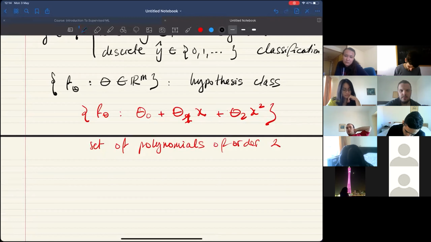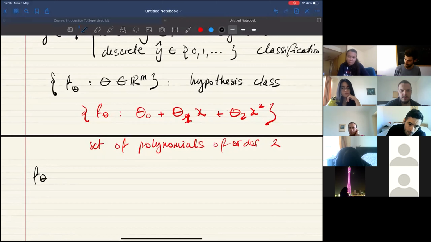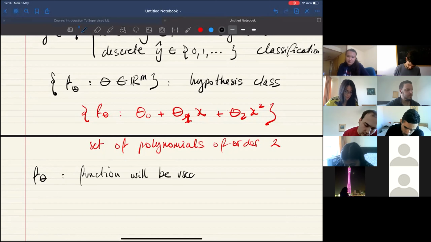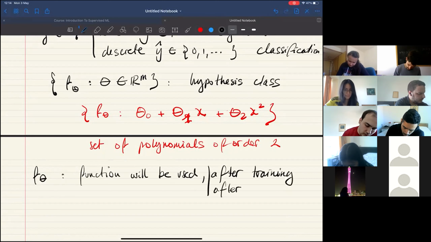So let me emphasize again. Once you define a function in your hypothesis class, this function will be used after training, which means after finding theta hat.